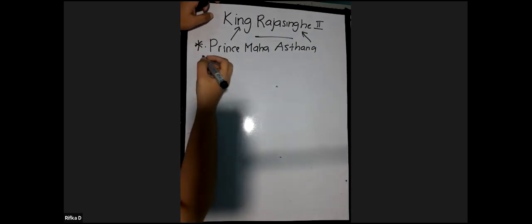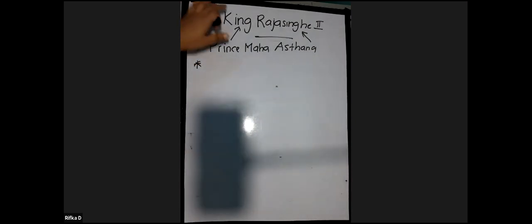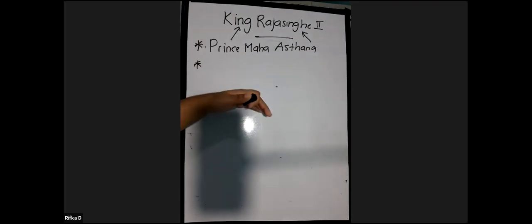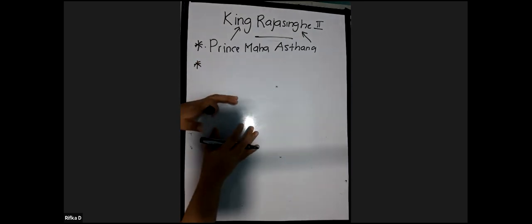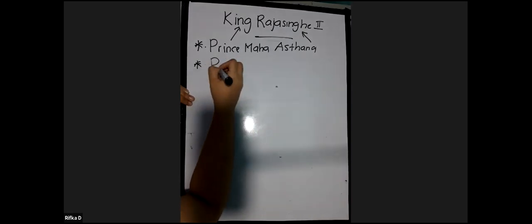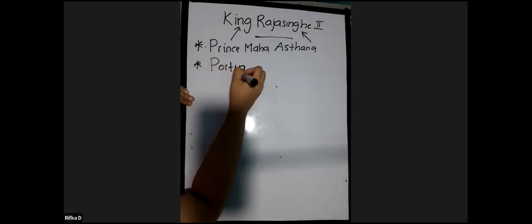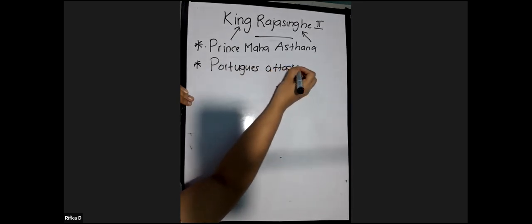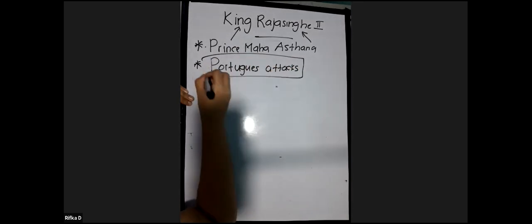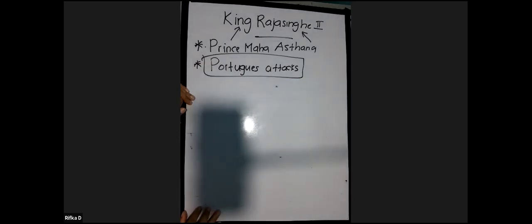Now, after he became the king of the Kandyan kingdom, he too had to face many challenges, because at the time there were Portuguese attacks. He had to face the Portuguese attacks. So that was a major challenge that he had to face, right?